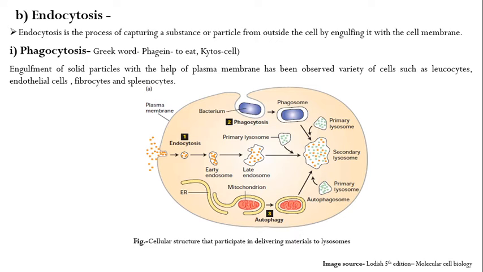In endocytosis, there are two types, phagocytosis and pinocytosis. In phagocytosis, phago means to eat and cytosis means in the cell. Engulfment of solid particles with the help of plasma membrane has been observed in a variety of cells such as leukocytes, endothelial cells, fibrocytes and splenocytes.